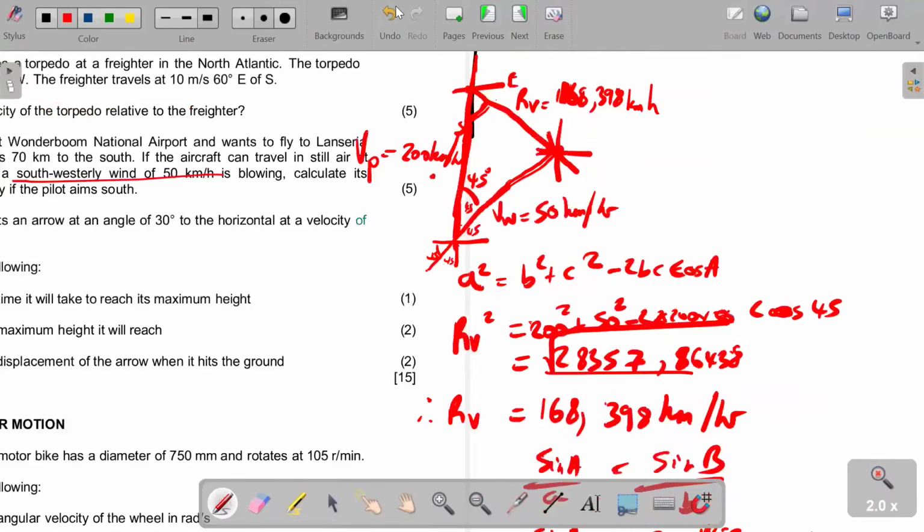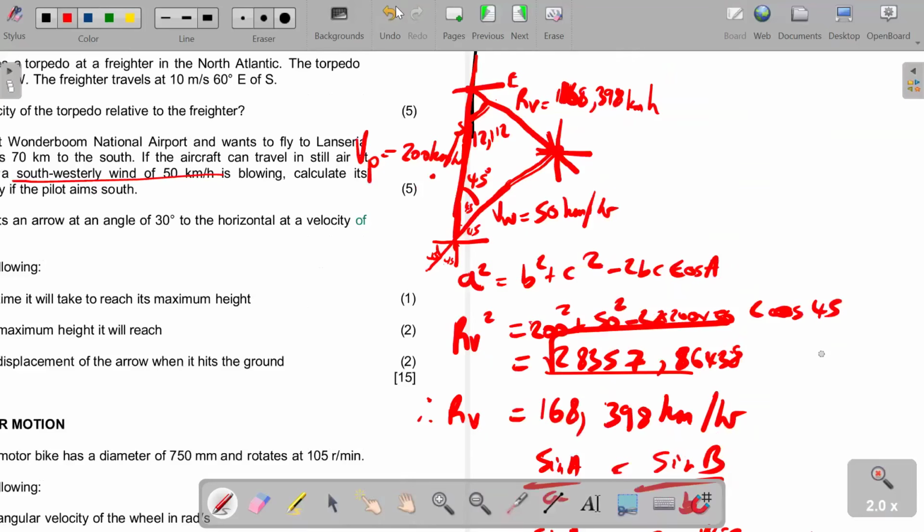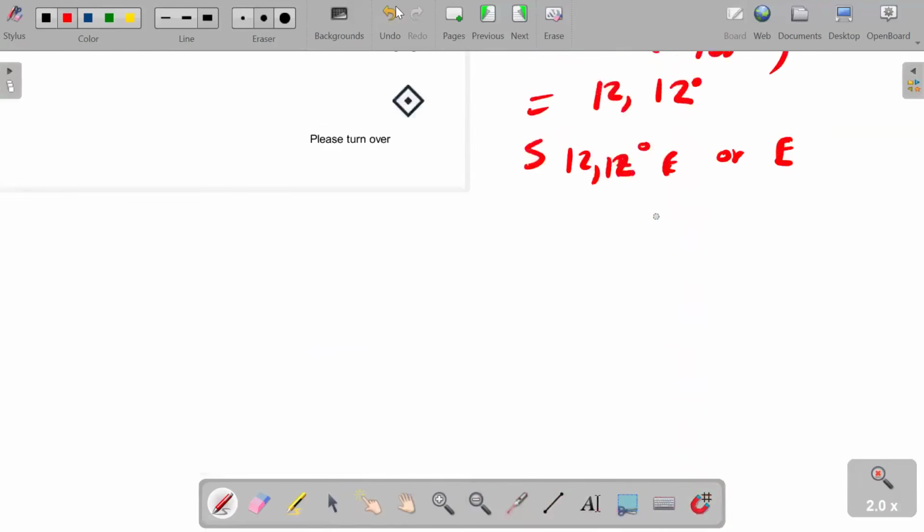This is the angle that we've just determined, and it gives us our direction: south 12.12 degrees east, or we can say east. What is the size of the remaining angle here? Subtract 12.12 from 90, and we get 77.88 degrees south, which will still be correct.